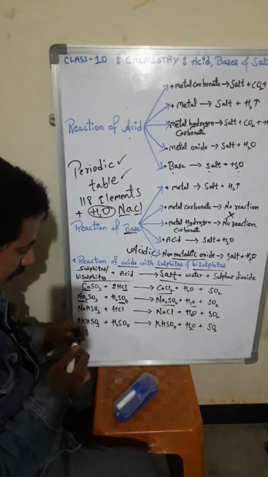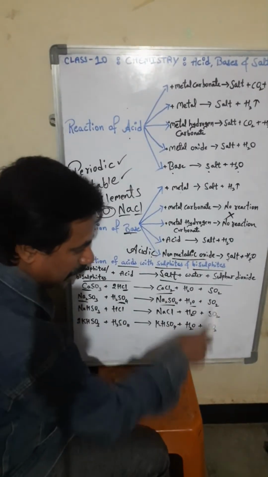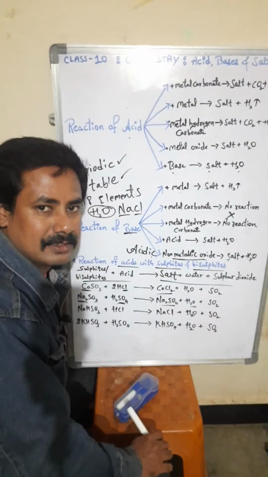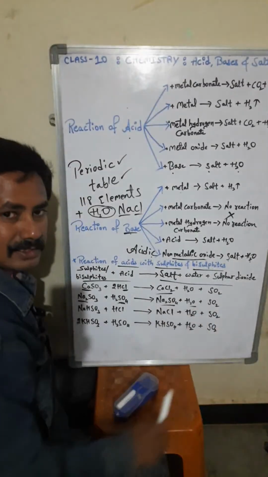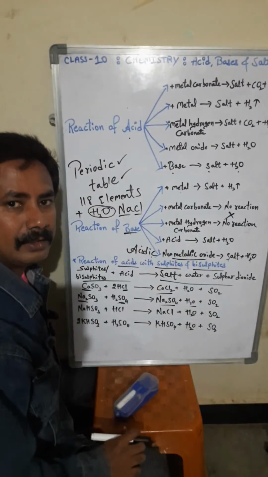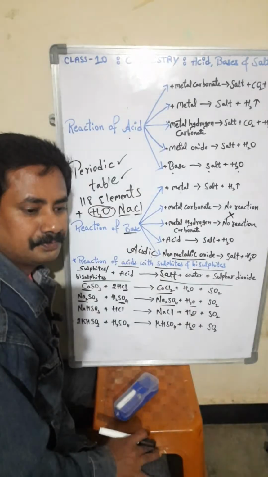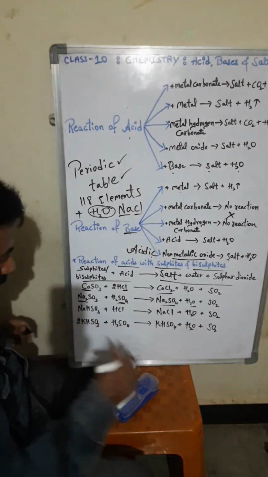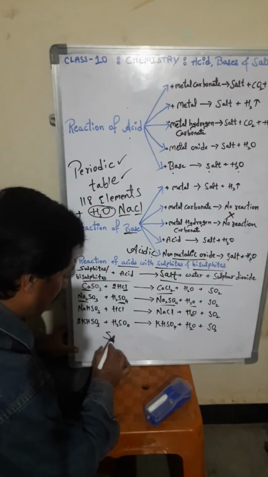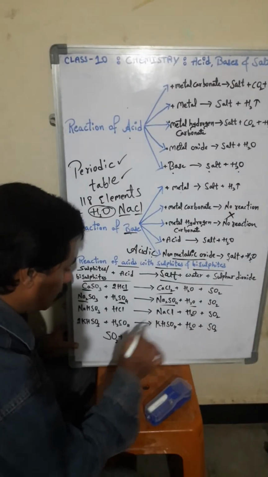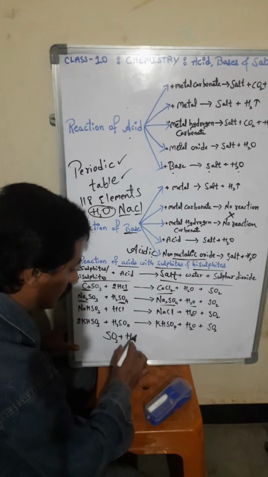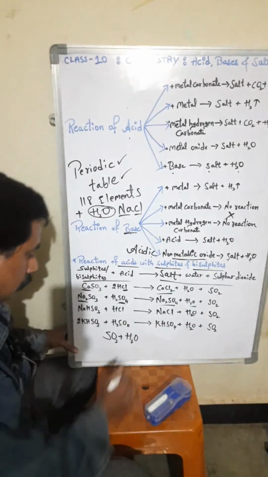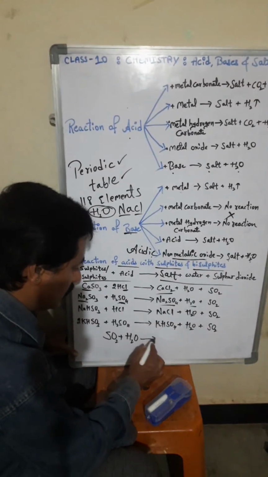See students, one thing I want to tell you, this sulfur dioxide is a gas. This gas will go and combine in the clouds. See, this SO2 is there now. In the clouds, what will be there? Water will be there. So what happens, students?